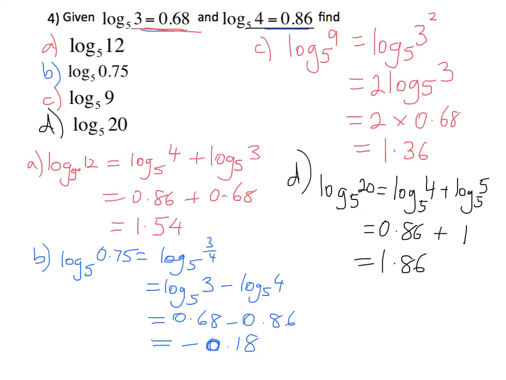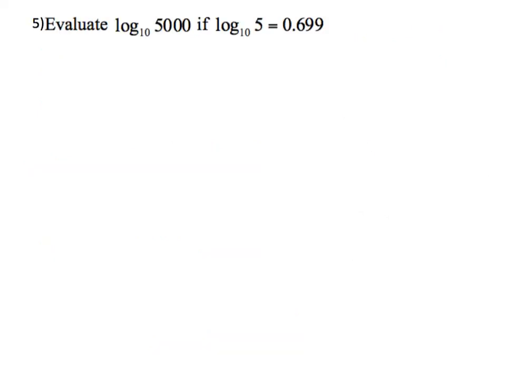Okay, let's have a look at evaluate log of 5,000 base 10 if log of 5 base 10 is 0.699. Let's see what multiples we can change 5,000 into of 5 there.